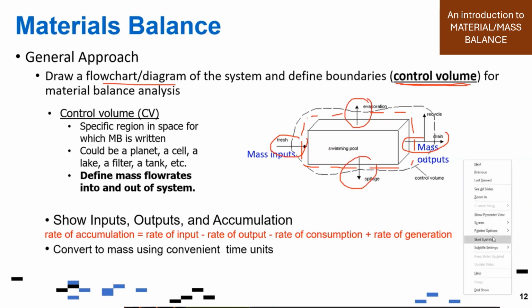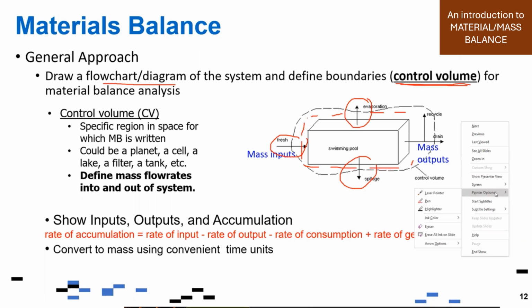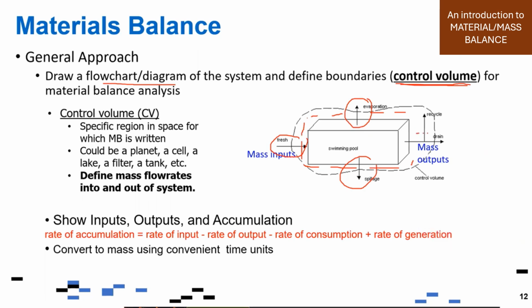Now, if you look at this part here, we can also make a mass balance only in this control volume. For example, I want to have a control volume in this part only, right? So we have a mass in here, mass out here, and then mass out here.